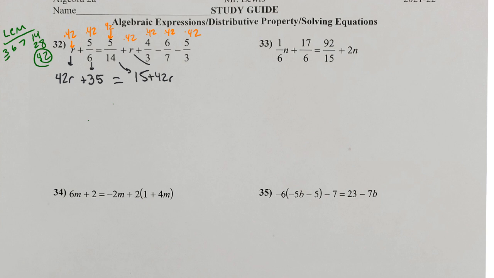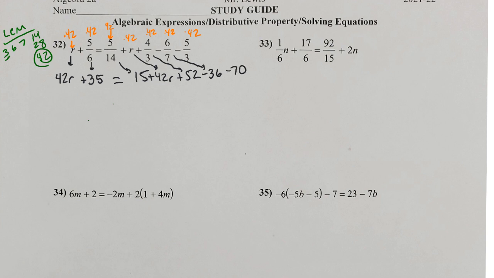It's a plus sign. 4/3 is 52, if I'm not being crazy today. 6/7 is going to be minus 36. So the 4/3 turned into that. The 6/7 turned into that. And the negative 5/3 turned into negative 70. Yeah, negative 70.